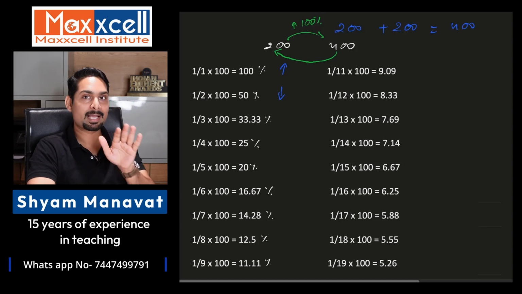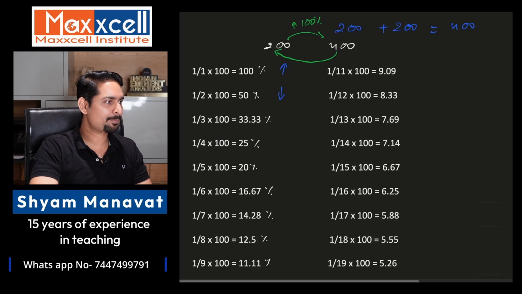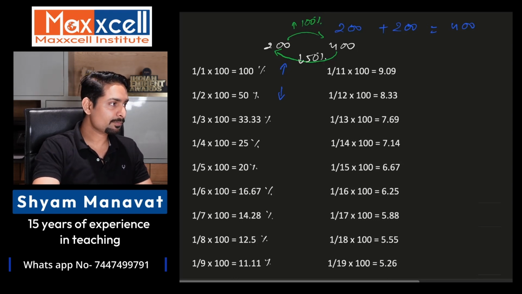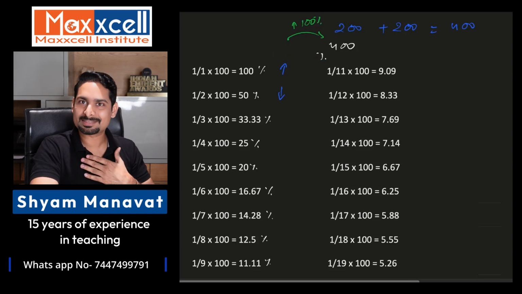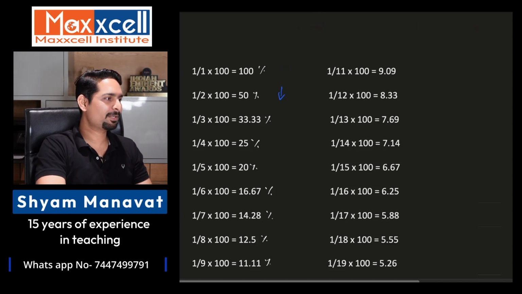Of course, you can see it is half, right? So it should decrease by 50% to get 200. Clear? I hope this is clear. I have shown you the example also. Okay, so I hope now you trust me that this is working.